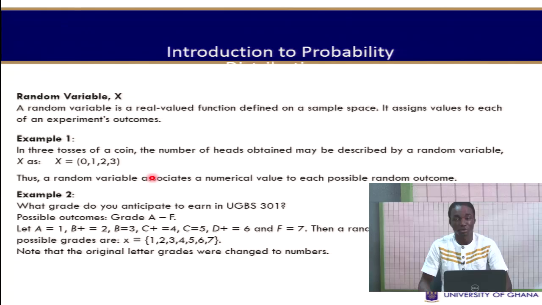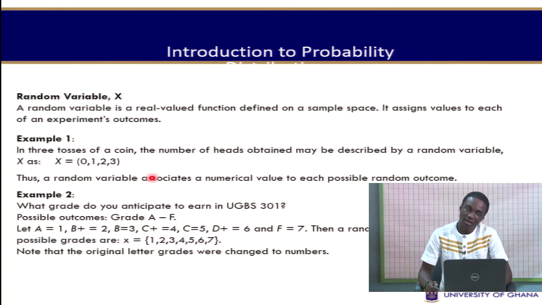For example, if you have 3 tosses of a coin and we are interested in the number of heads that will be obtained, and x is the number of heads, then you will say that x is a random variable that can assume the value of 0, 1, 2, or 3. Because if you toss a coin 3 times, you can get the head coming 3 times, you can get the head appearing once, you can get a head appearing twice, or you can even get no head appearing at all.